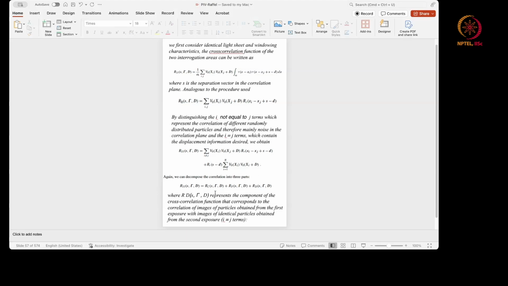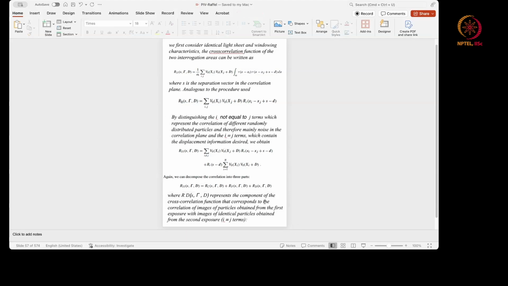Again, we decompose them into three parts, where Rd represents the component of the cross correlation function that corresponds to the correlation of images of particles obtained from the first exposure with images of identical particles obtained from the second exposure, which is the I equal to j terms. The rest of the terms, as we know, one is the mean and one is the random fluctuations, both arising from I not equal to j terms.